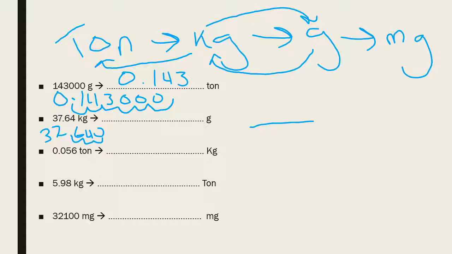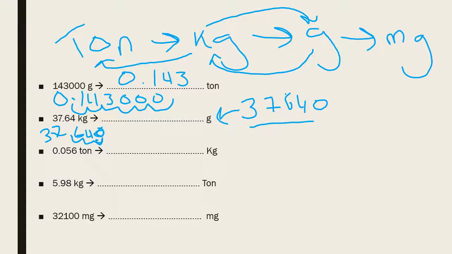So the answer is, remember there's an eggshell here, so we have to fill it with a 0. So the answer is, sorry, 37,640. Okay, so this is the answer to this one here.